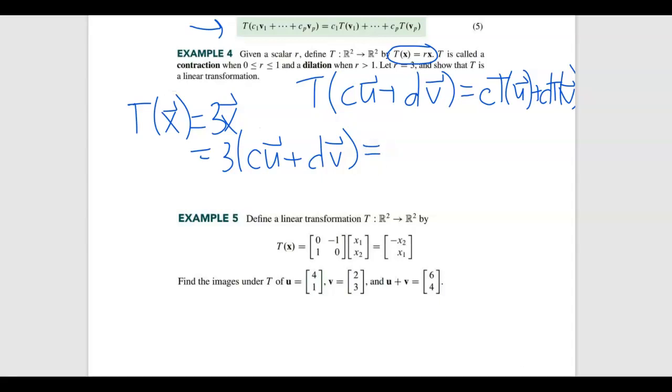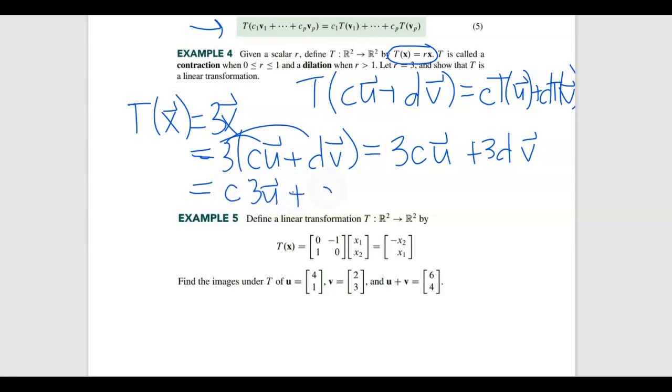Because of distribution properties, this is 3c times vector u plus 3d times vector v. But then I can also move this around because of multiplication properties and say that this is c times 3 vector u plus d times 3 vector v.